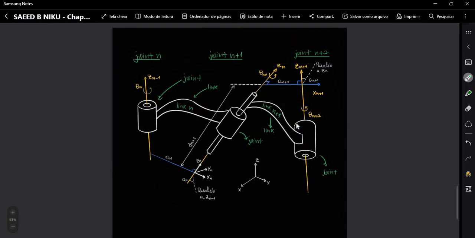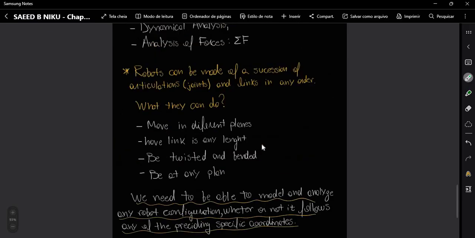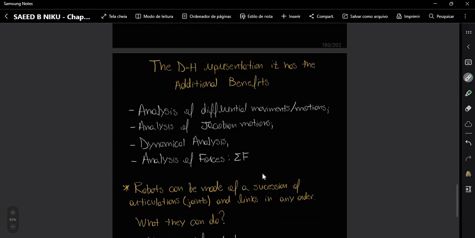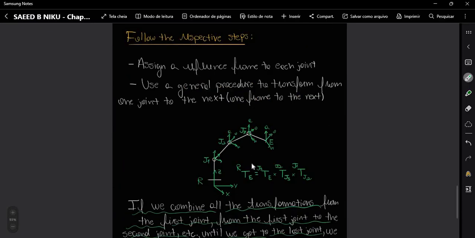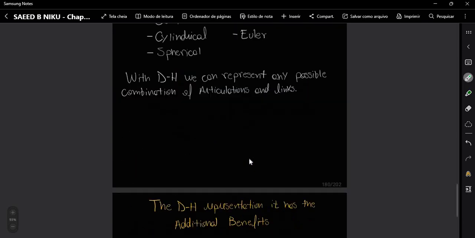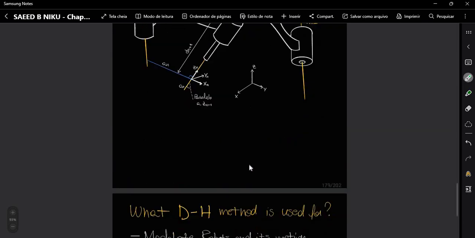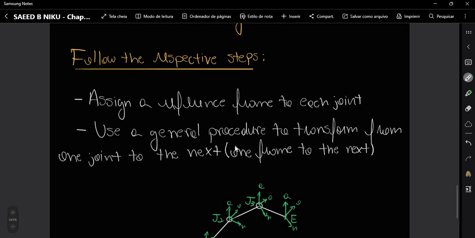And now let's take this procedure that we have listed with these steps. So where's the list with these steps? Okay, right here. So the first thing that we need to do is assign a reference frame to each joint.